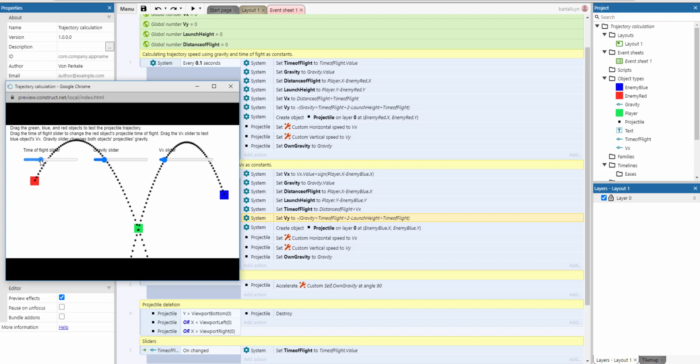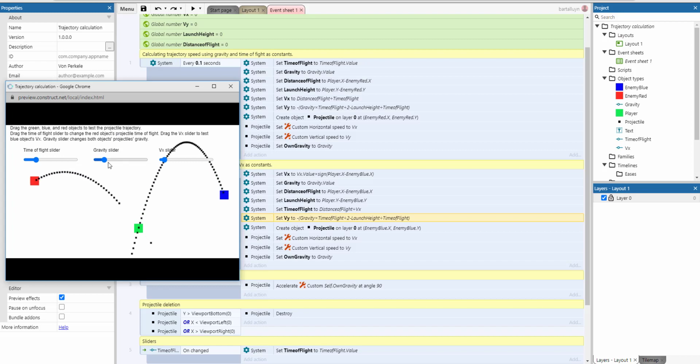If on the other hand this is set to a very low number, it cannot take too much time to get to the player, and the angle at which the projectiles are fired is much lower. So that's what happens here.